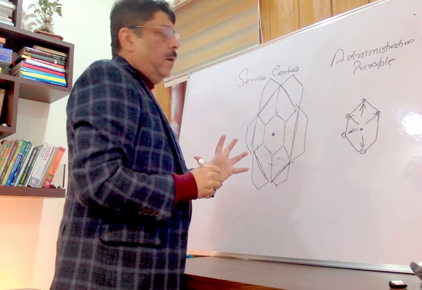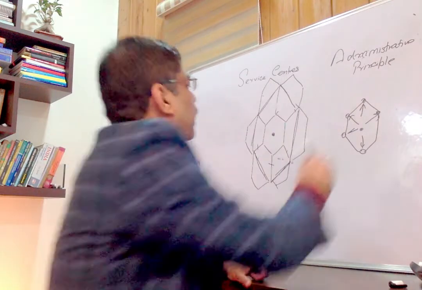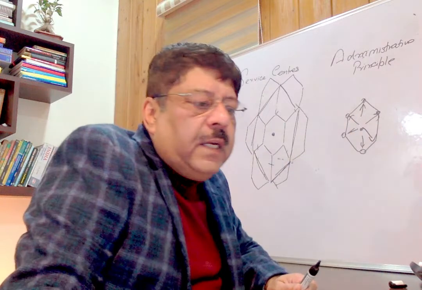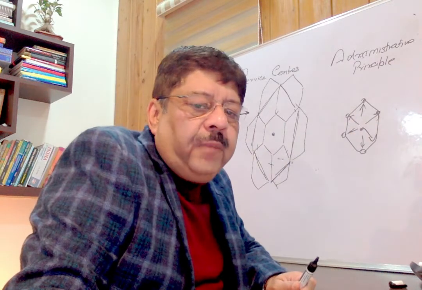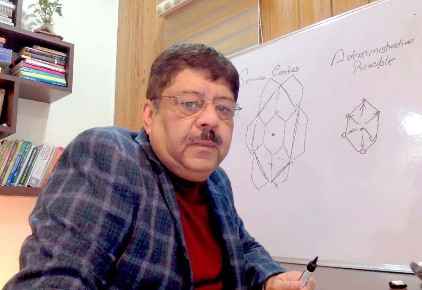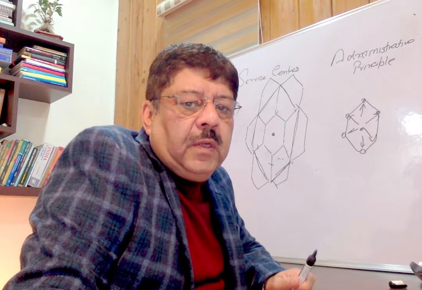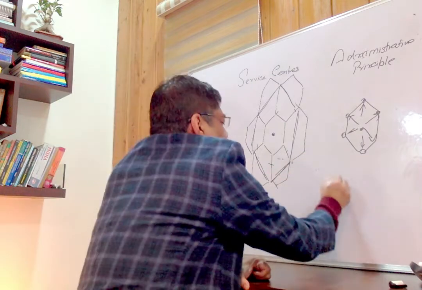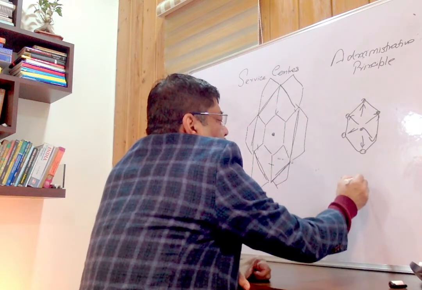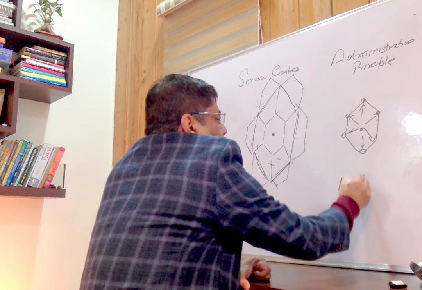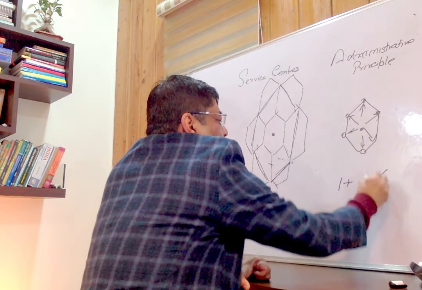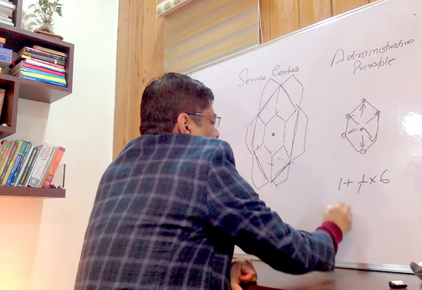The higher order settlement is serving all the nodal settlements. So it is 1 plus full 1 upon 1 into 6, which is 1 plus 6.